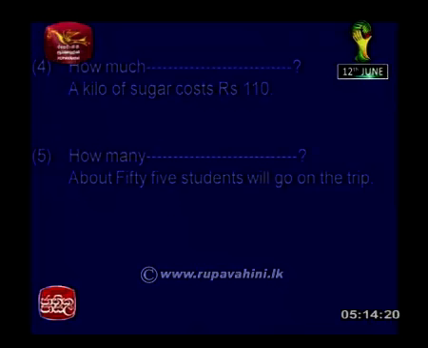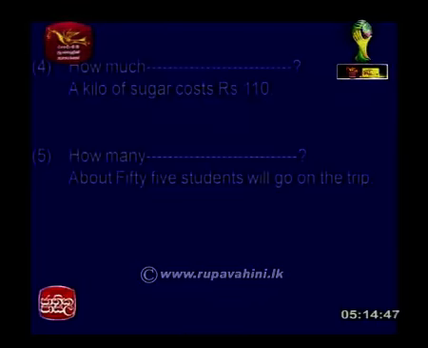And is it a plural one or a singular one? The verb is a singular one. Why? A kilo. Is there. It shows, it denotes that you are using one. So, how much is a kilo of sugar cost?